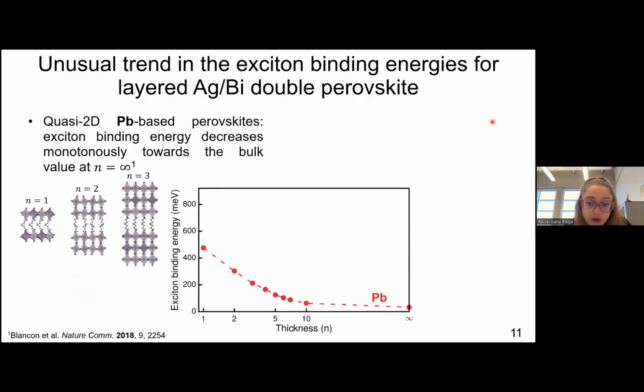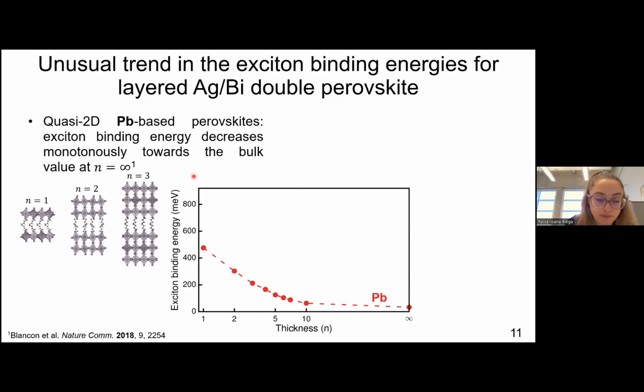And we again go to something that is well known. We again go to literature and we compare to the lead-based perovskites. In the case of the 2D lead-based perovskites, we know that the exciton binding energy decreases with the thickness of the inorganic layer.